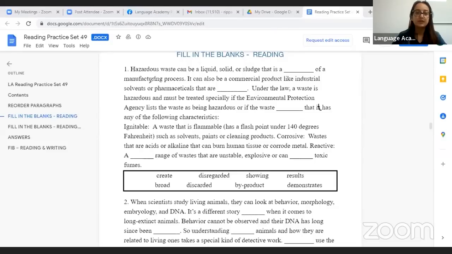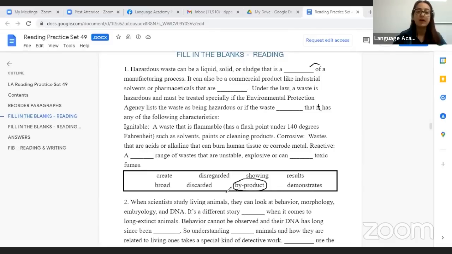The answers, the first one: hazardous waste can be a liquid, solid or sludge that is a dash of a manufacturing process. Whenever we have a blank before 'of', we need a noun. If you look at the options, we had only one noun, which was byproduct. Even if we don't know the meaning of byproduct, we know the meaning of product, and we know that the word product is a noun.